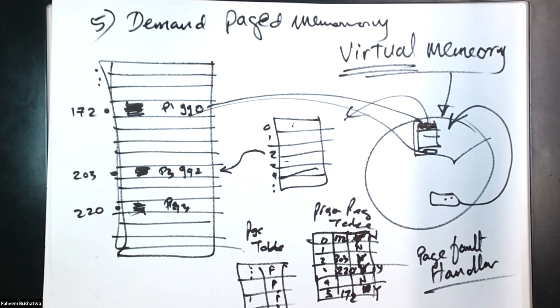Oh, no internal fragmentation. No, it's going to be the same: the last page of every program is still going to have extra bytes. These pages are of equal size, and when we split a program, we split it into equal size pages. The last page, you're always going to get a few extra bytes.